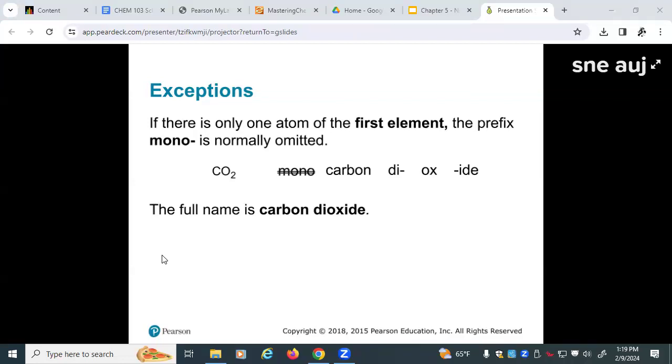We can just say carbon dioxide because that 1 is presumed for the carbon. So that's the first exception. If the first prefix is mono, we can leave it off.